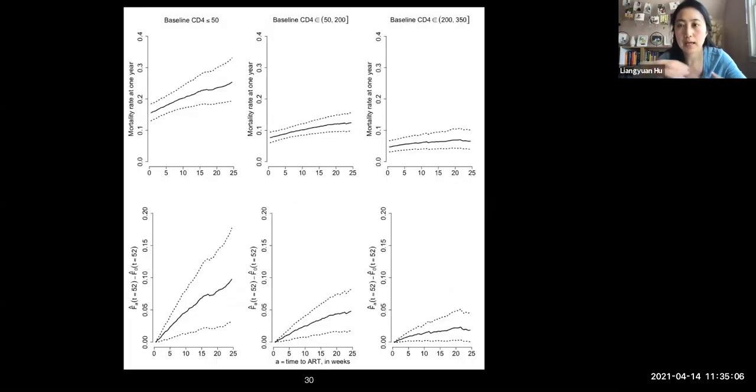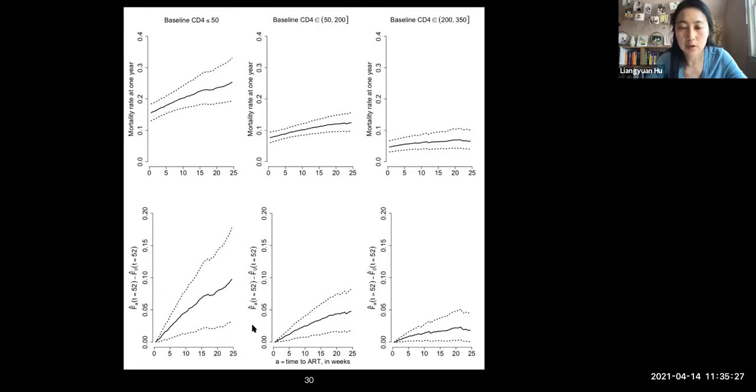So, putting that together, we can also estimate the counterfactual survival curve. So this plot summarizes the net causal effect. The top panel shows the mortality rate at 1 year versus ART initiation time.